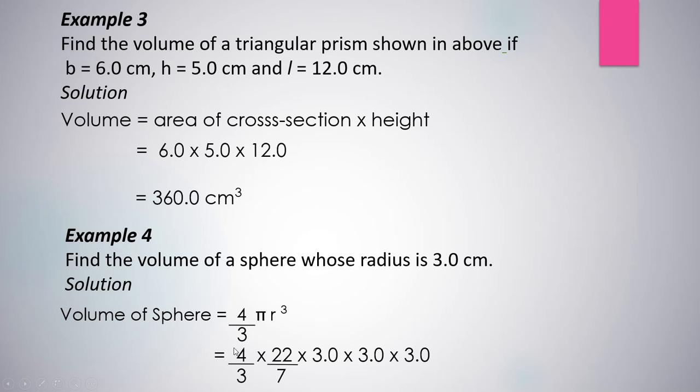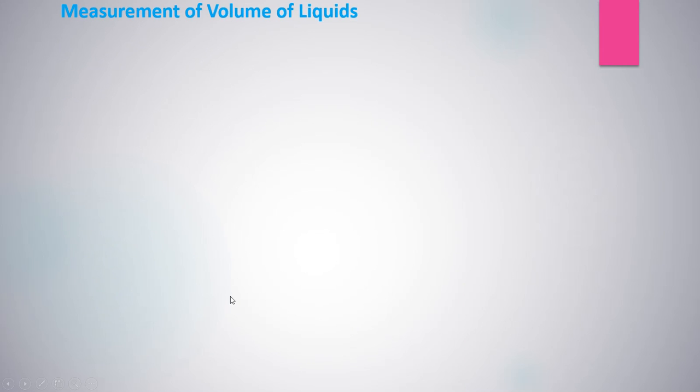Now the pi is 22/7. We can also use 3.142 times 3 times 3 times 3, which is cubed, and we shall get the answer as 113.14 centimeters cubed, the volume of the sphere.